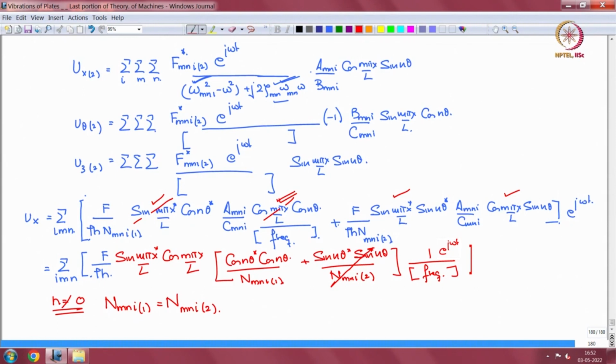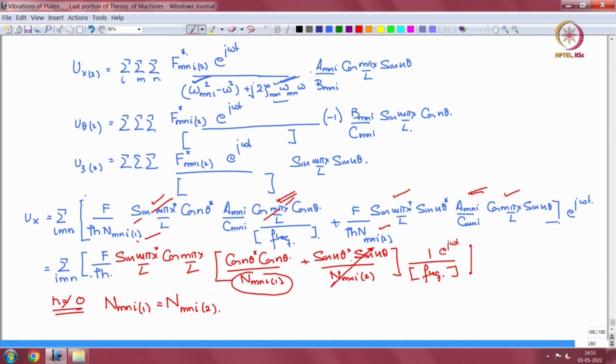So what we are going to do is that for the entire set, N m n I 1 is adequate, because when n equals 0 the second term will not participate at all. So it is this term by rho h N m n I 1. Then when n equals 1, 2, etc., N m n I 2 and N m n I 1 are equal.